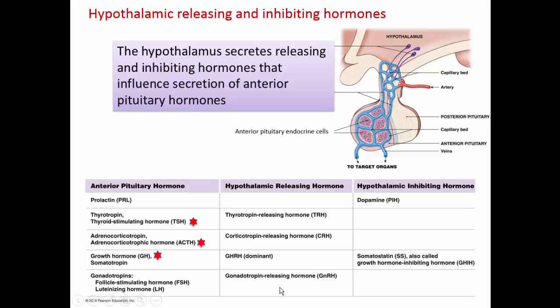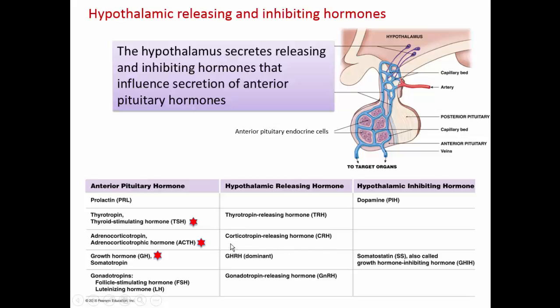In the second column here, we have the hypothalamic releasing hormone. So these hormones will stimulate release of the anterior pituitary hormone. So thyrotropin releasing hormone will stimulate release of thyroid stimulating hormone.